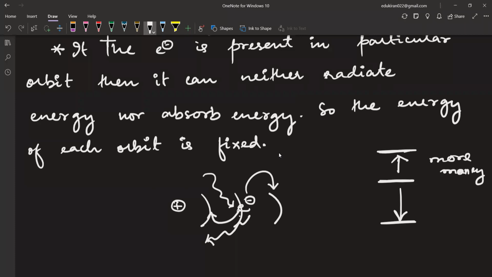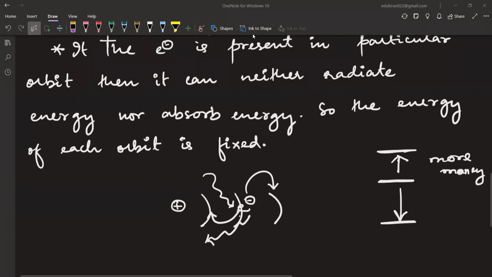If the electron is leveling down, then it will radiate energy. That means being in one orbit, the electron wanting to gain energy and stay in the same orbit is not possible. The electron wanting to stay in the same orbit and lose energy is also not possible. Is this clear? Yes or no? Please tell me. All of you got this? Yes or no?